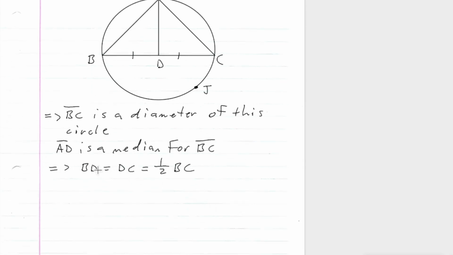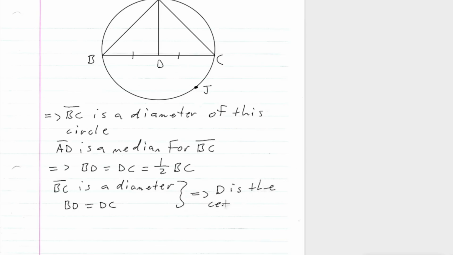So if BD equals DC, and BC is a diameter of the circle, both of these things together imply that D is the center of the circle containing A, B, and C.